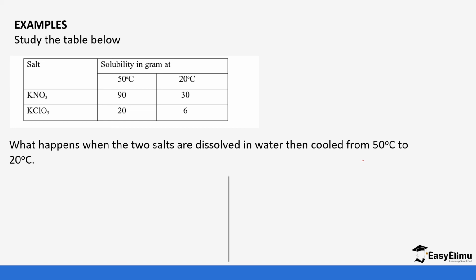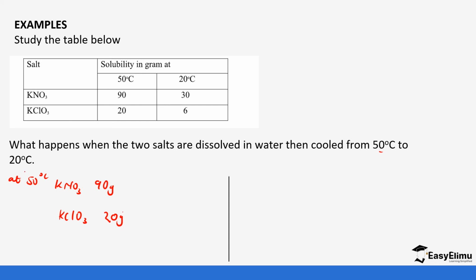First of all, we'll start with 50 degrees Celsius. At 50 degrees Celsius, potassium nitrate dissolves 90 grams, and potassium chlorate dissolves 20 grams.